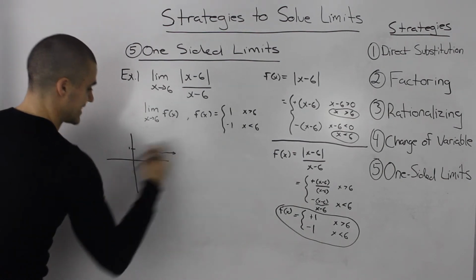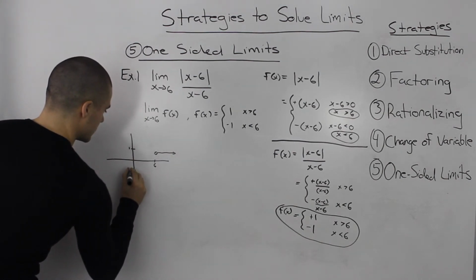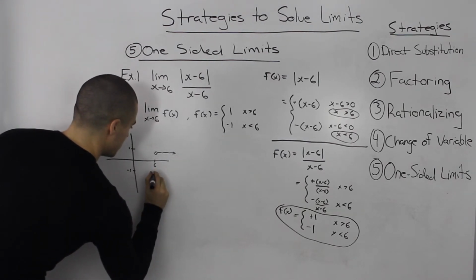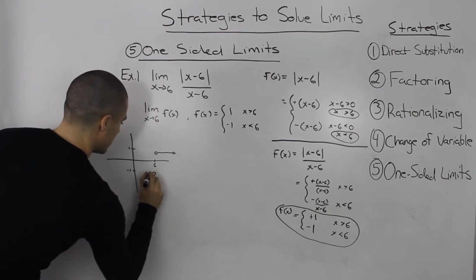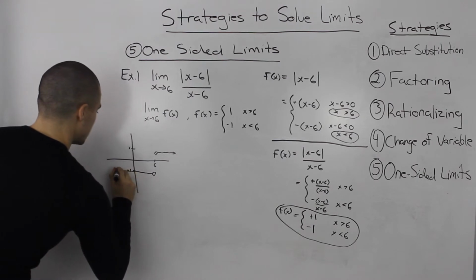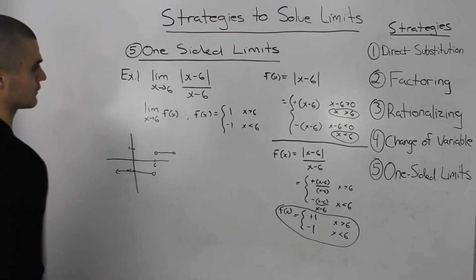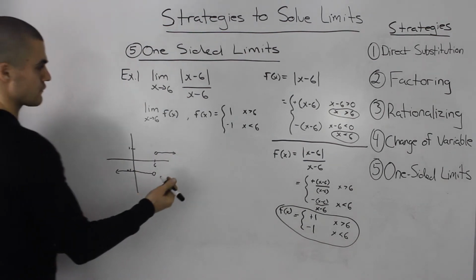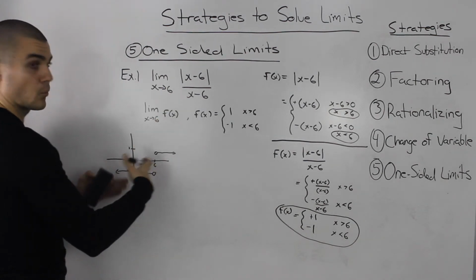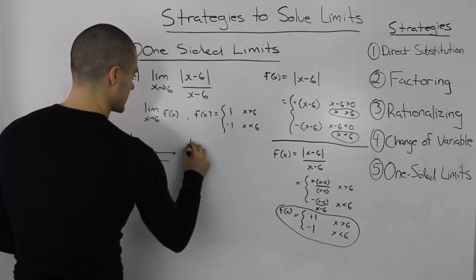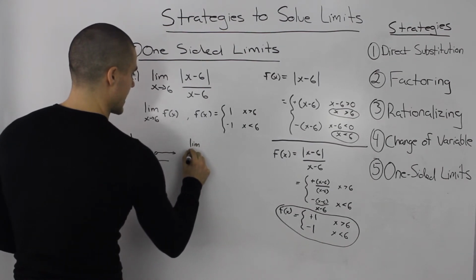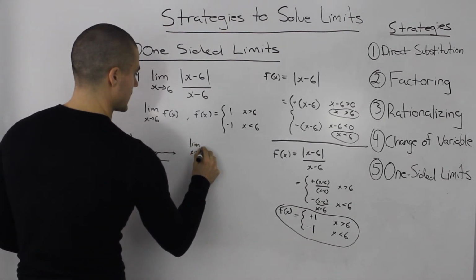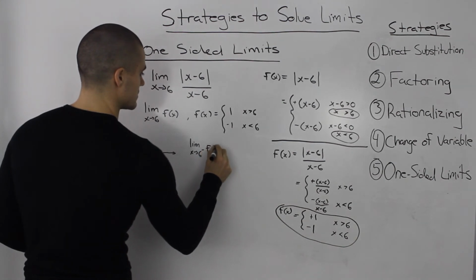And then for values less than 6, the y value is negative 1. So we'll put a hole here, and it's just a line at negative 1. Looking at this graph, we can take the one-sided limit. We'll take the limit as x approaches 6 from the negative side of f of x.